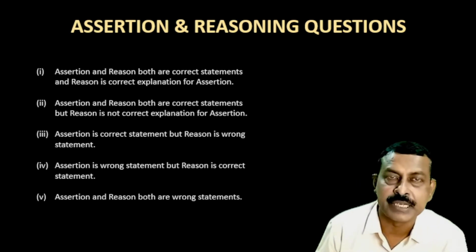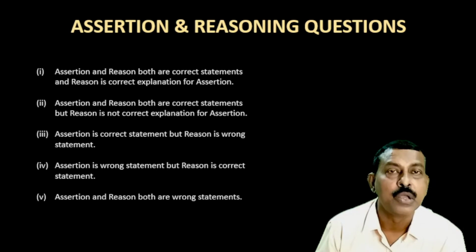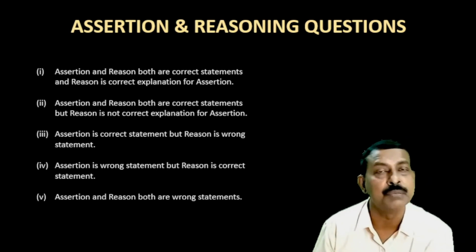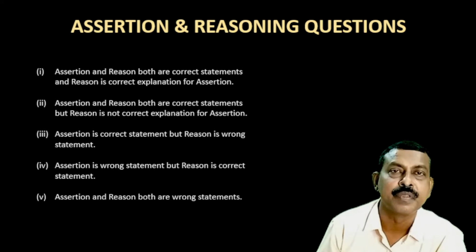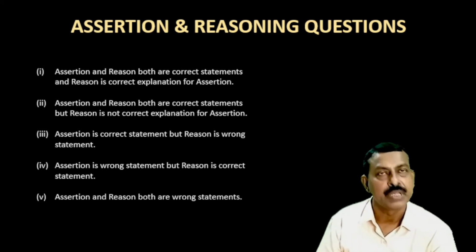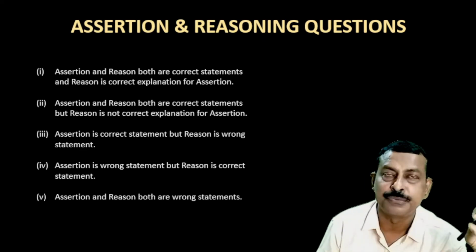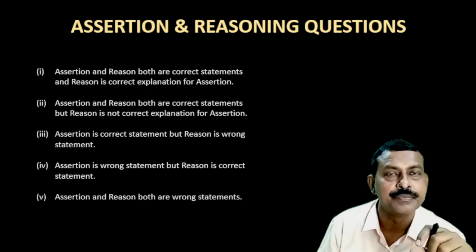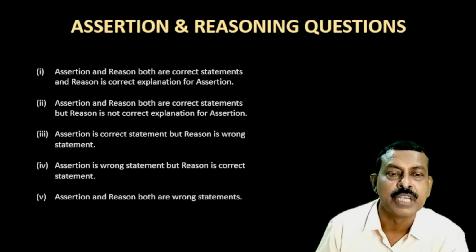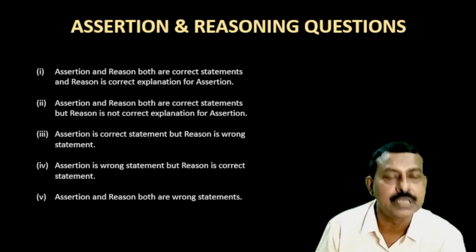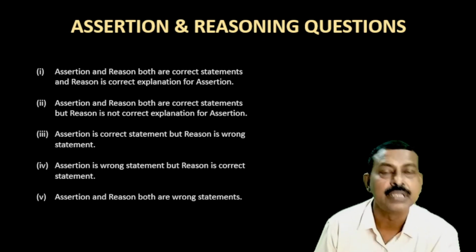Normally, students attempt the same method for this type of problem also. That means they will read the statements of the assertion and reason. After that, they will go for the first option. If they find that this is not the correct one, then they will go for the second one, then third, then fourth.